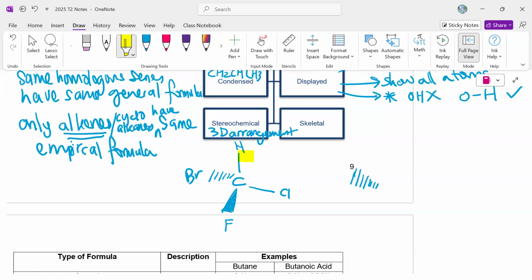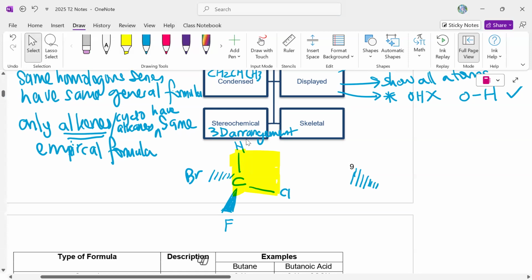So you can visualize this as the plane, with bromine behind it, and fluorine in front of that plane. We draw stereochemical or 3D formulas usually when we need to show stereoisomers. SL students don't learn stereoisomers, but HL students do have to show stereoisomers.